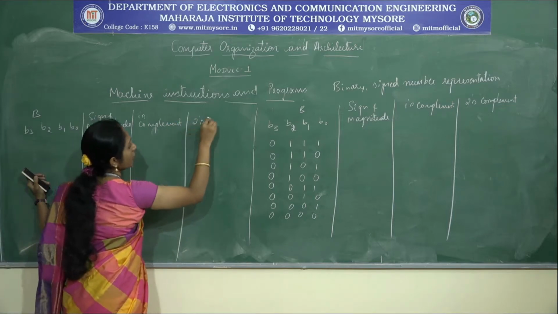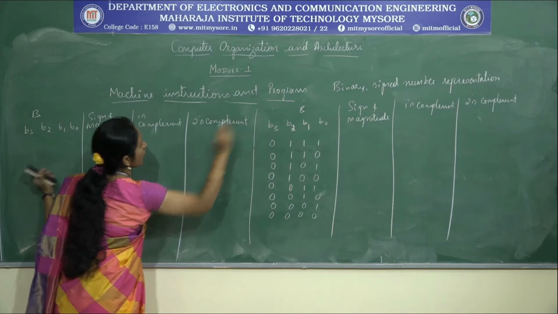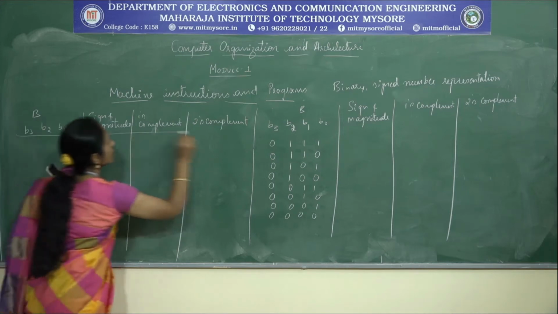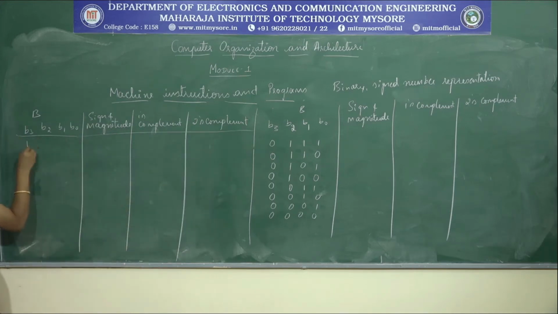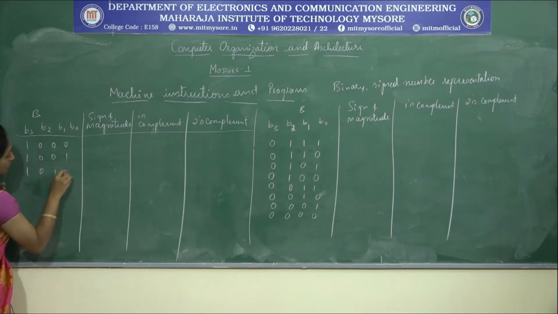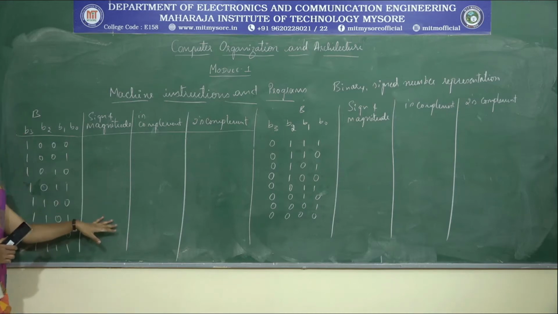The last is the 2's complement form of the binary string. Now let me complete the other 8 values here. So this is the representation of binary strings.